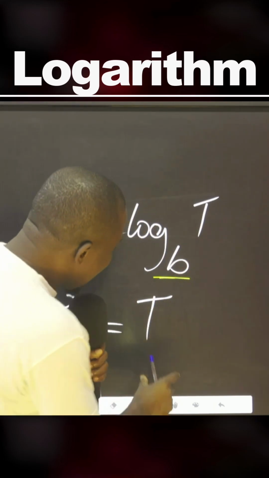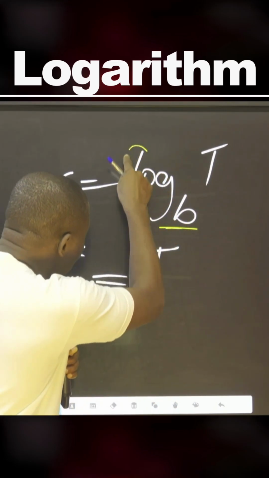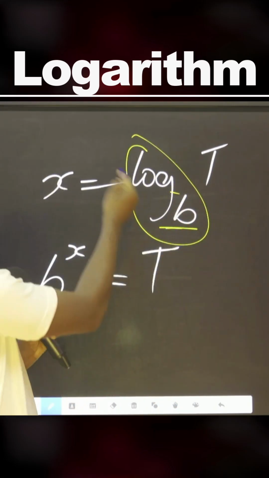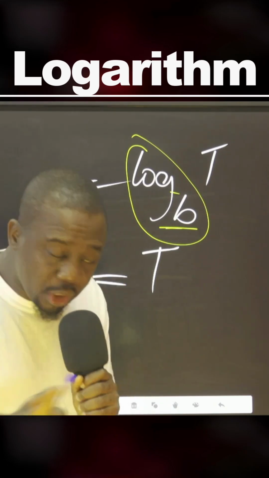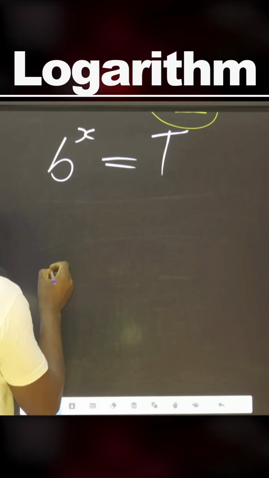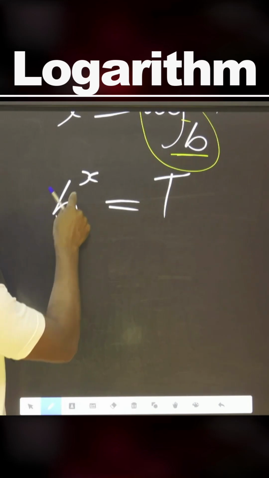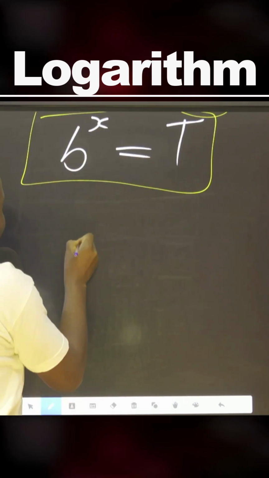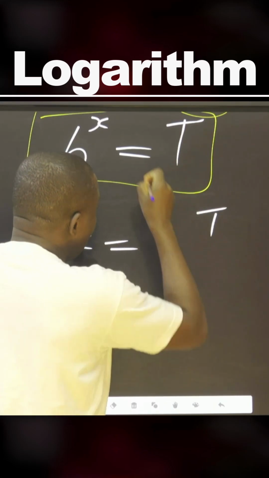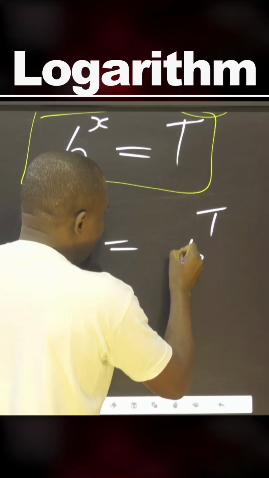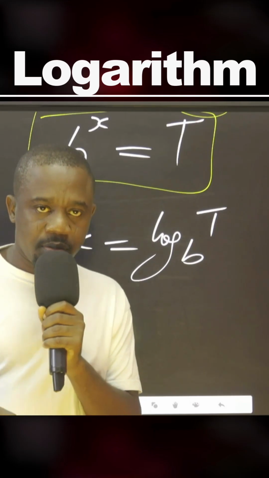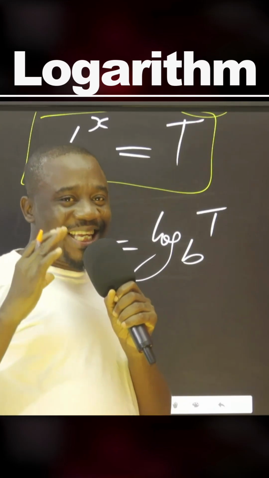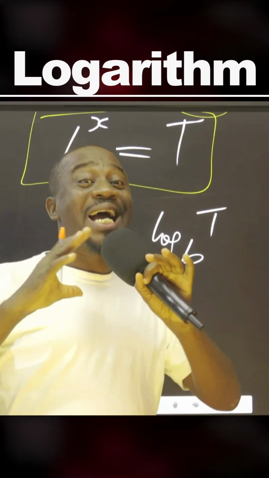What are we saying? If you see the base with log like this, when it goes to the other side, you don't put log. But if you see something like this, here is without log. So when it goes to this side to carry T, we put log. You get it? That is how you can easily understand it.